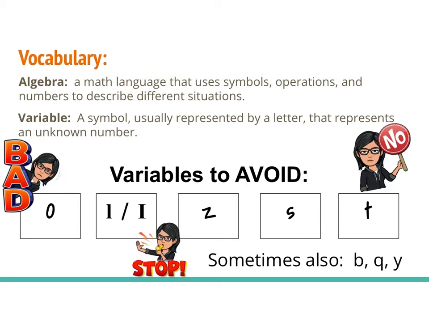Some variables we want to avoid using are the letter O, the letter I, Z, S, T, especially if your T's look like pluses. You want to make sure that you're not using letters that look like numbers and numbers that look like letters, because when you're doing algebra, you want to make sure that your letters are clear and your numbers are clear.